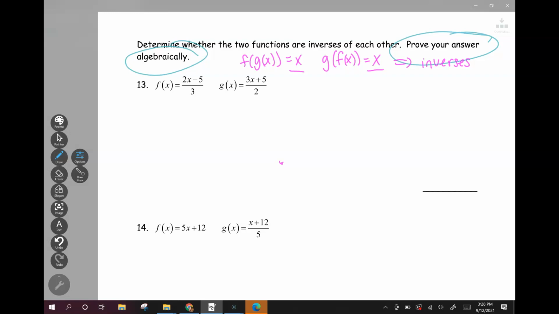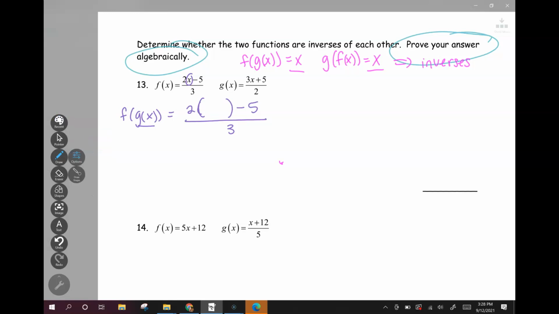Okay, let's try it on number 13. So we'll start with f of g of x. We are plugging g in for x here. So I'm going to just leave some big parentheses for now and keep writing f. So there's the function f, but I just left some parentheses where the x normally goes.